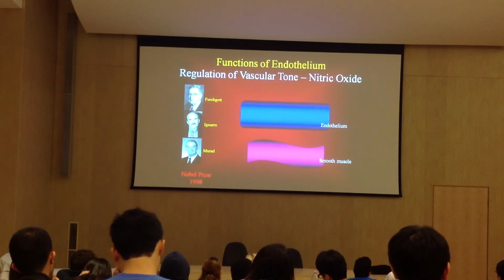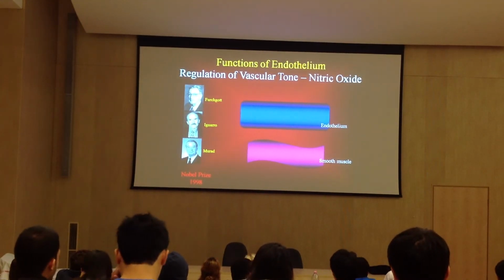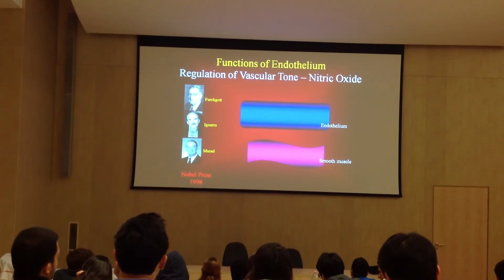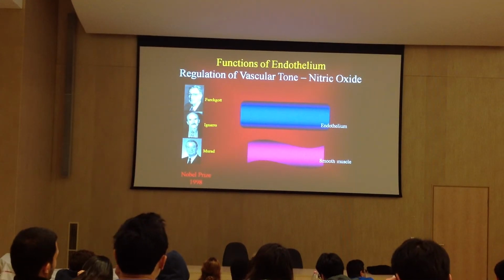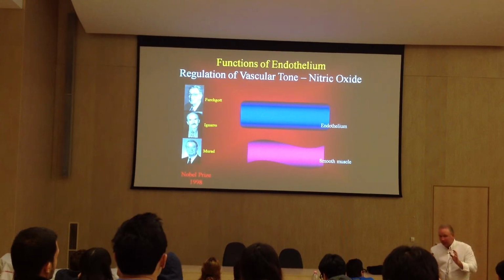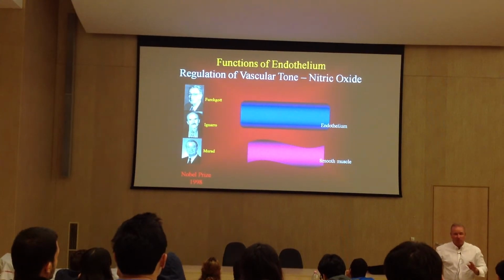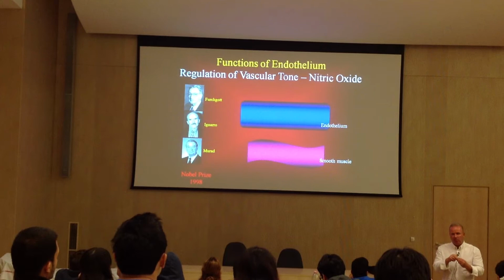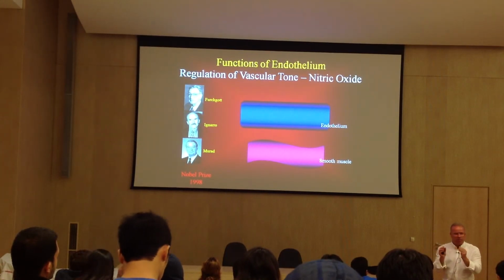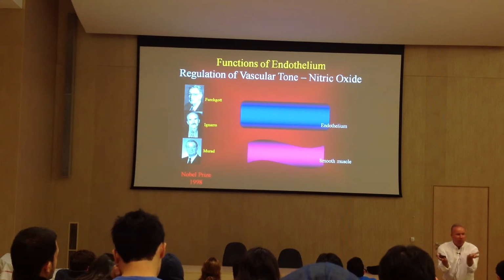Even before 1998, there was a description of the so-called endothelium-derived vascular relaxing factor. So they recognized that under certain situations, when you stimulate the endothelium, there is something that's released. They didn't know at that time what that something was. It was surely released from the endothelium. And that one immediately resulted in the relaxation of the smooth muscle cell just underneath the endothelium.